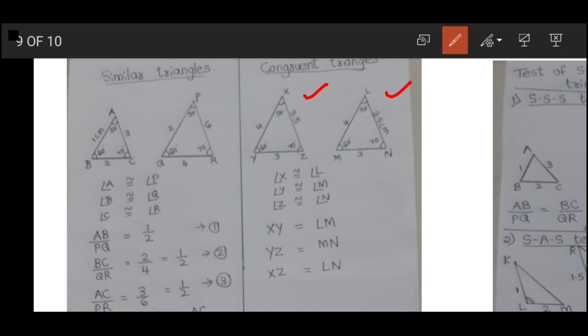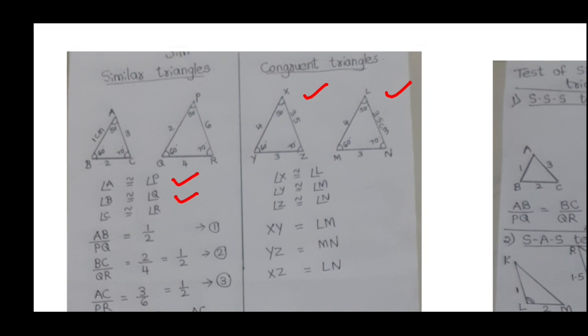In geometrical language, all three angles are congruent: angle A is congruent to P, because their measures are 50 degrees. Angle B is congruent to angle Q, their measures are 60 degrees. Angle C is congruent to angle R, their measures are 70 degrees. So in similar triangles, all three corresponding angles should be congruent.